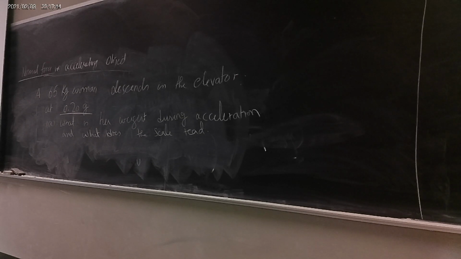So 0.2 g is going to be negative. You need to multiply it by 9.8. That's the actual value, so g should be in there.